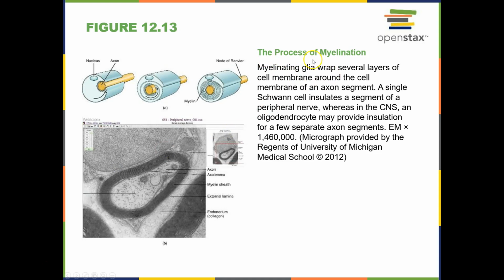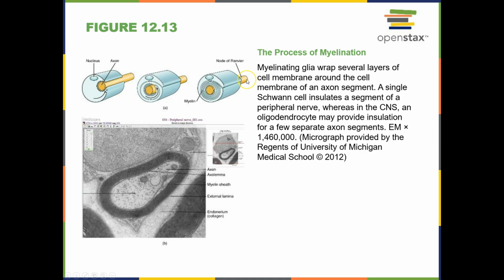So myelination of the axons occurs by either the oligodendrocytes or the Schwann cells. And when they do, they wrap around, forming a fatty barrier between the neuron axon and the environment around it.